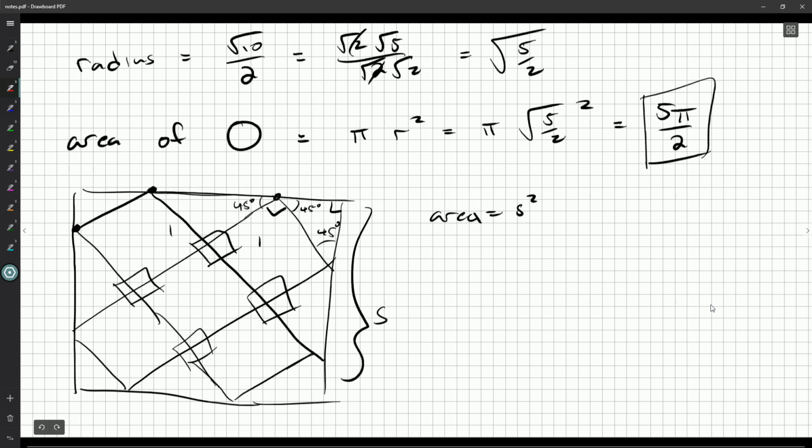Well, we'll use a different color. Let's use pink. We don't use pink or orange. I hardly ever use orange. Okay. What we can do is drop this nice little orange line here. We should at least briefly justify why this is going to be S, but you can work with some angles.